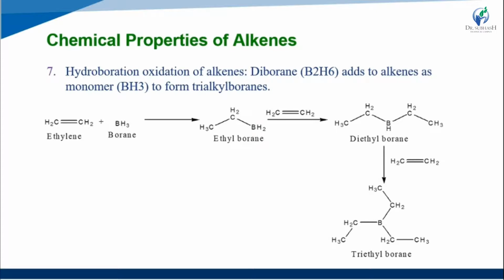First we take ethylene plus borane, making the ethyl borane. After further addition of alkenes, making the diethyl borane, having 2 alkyl groups. Then with further addition of alkenes, making the triethyl borane. So triethyl borane has 3 alkyl chains.